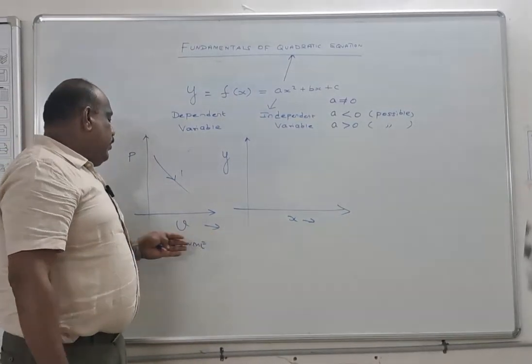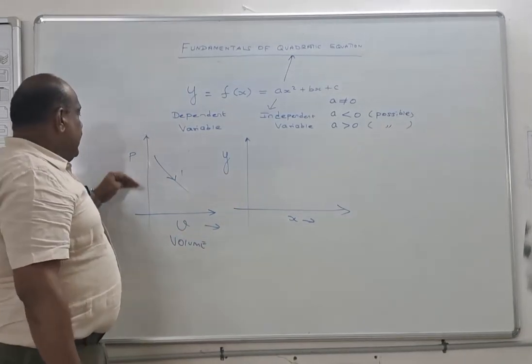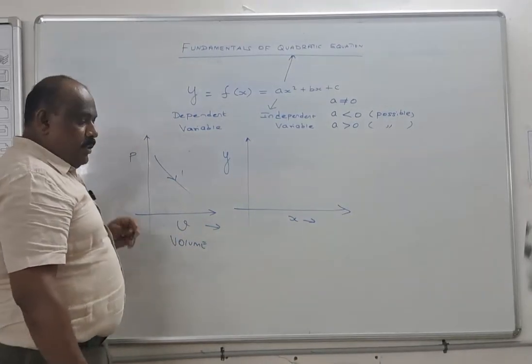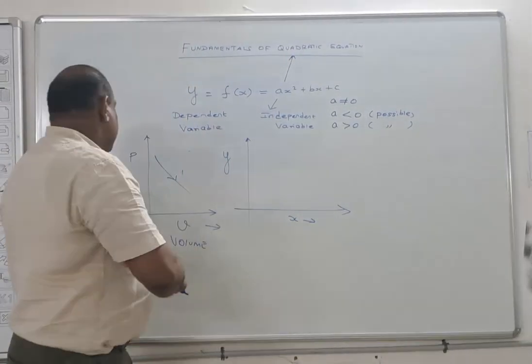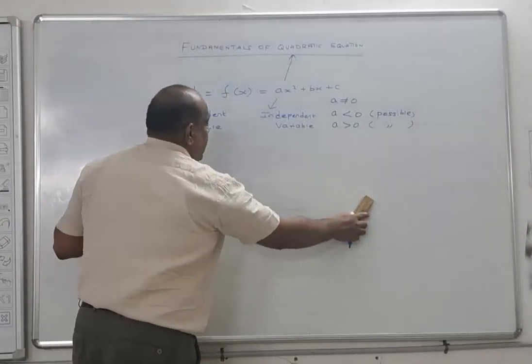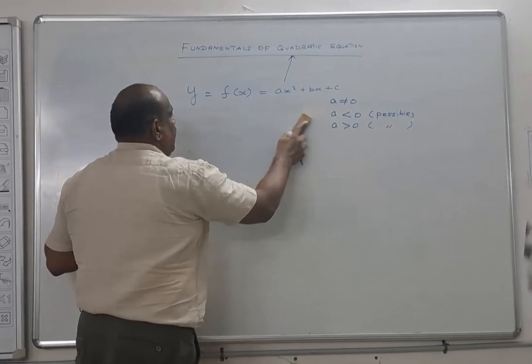So actually we should draw the independent variable along the x-axis and the dependent variable along the y-axis. That's fine. This is not related directly to our study of the quadratic equation today. This is for general application.